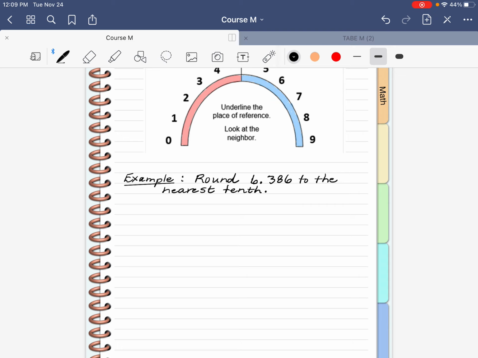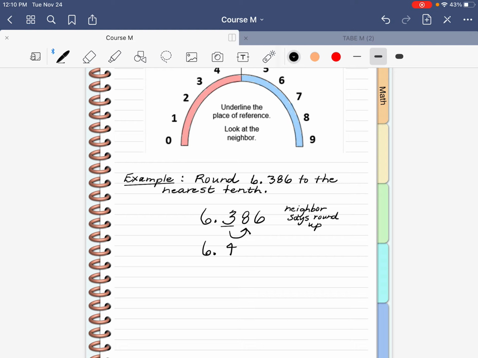So just like we did in the previous rounding lessons, you want to underline your place of reference, and that's the tenths place. You look back at your neighbor, and the neighbor's in the blue zone on the hill, so it's round up. Neighbor says round up. So this becomes 6.4.